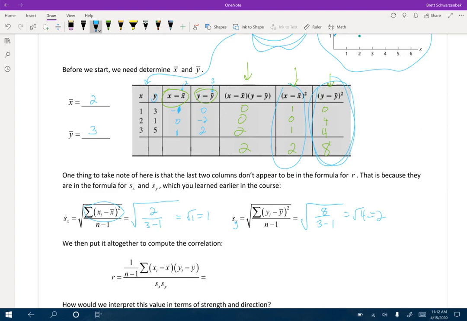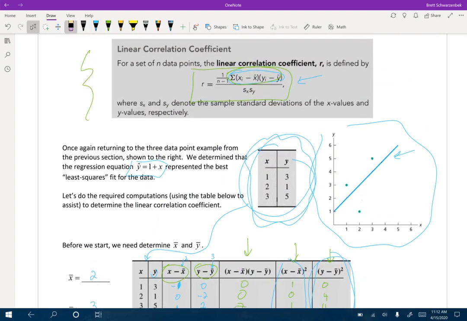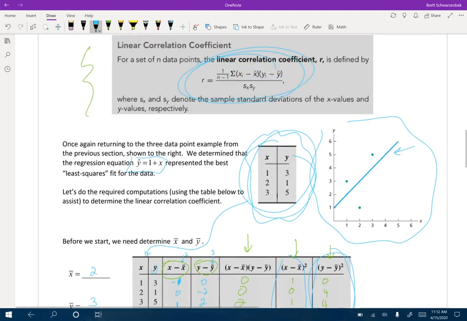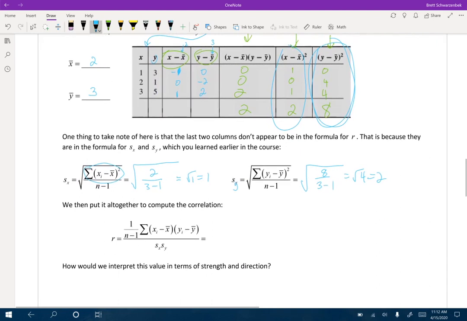We can then go to our initial formula for correlation, which is here, and we have all the variables that we need. So we go over here and say, okay, what is r equal to? It's equal to 1 over n, which is 3 minus 1, times the sum of the product of this. Well, look at this. The sum is 2.